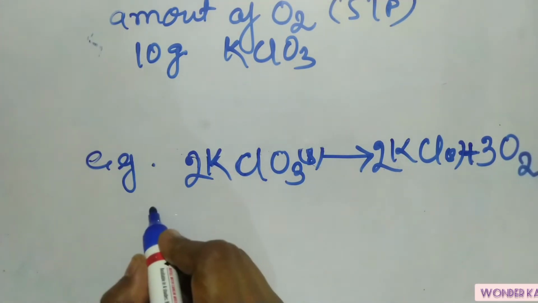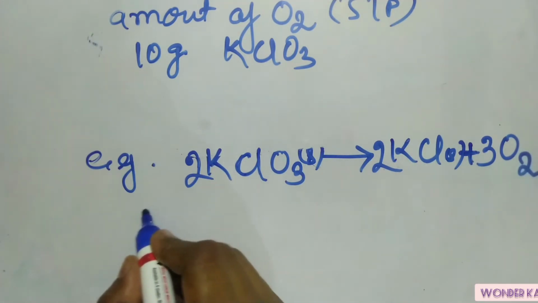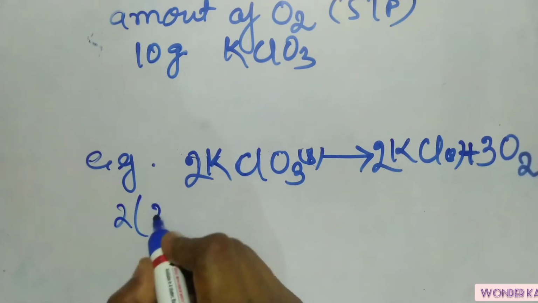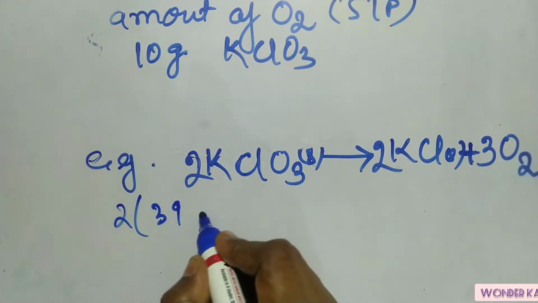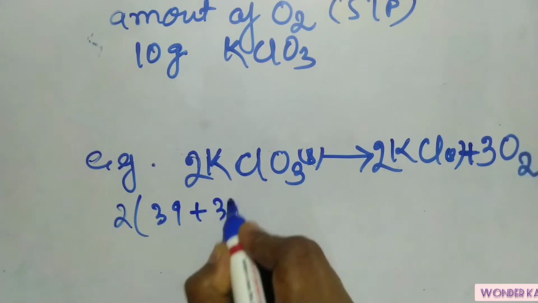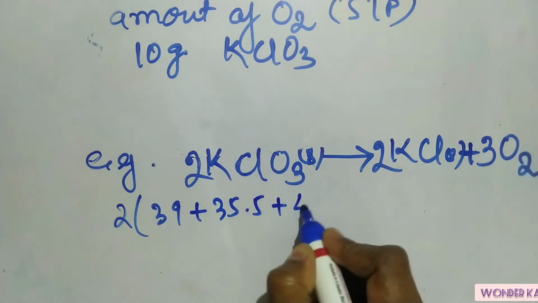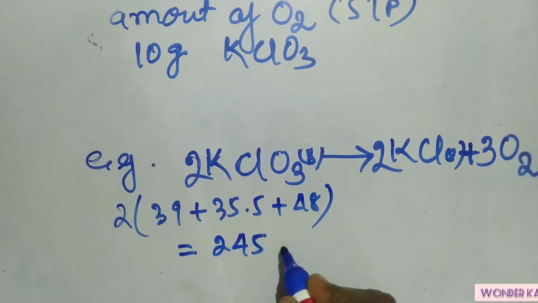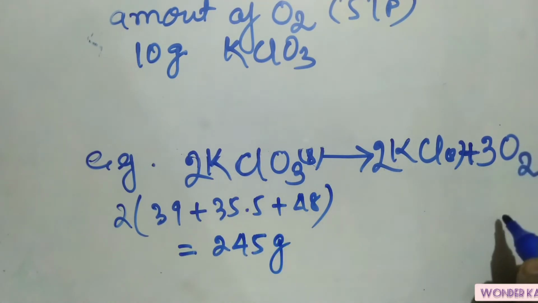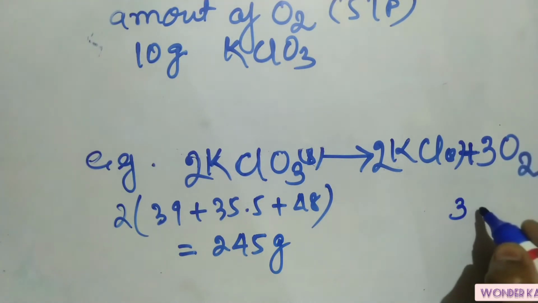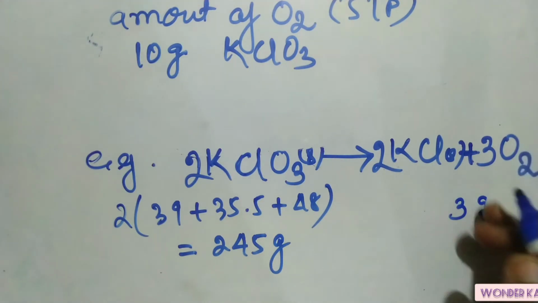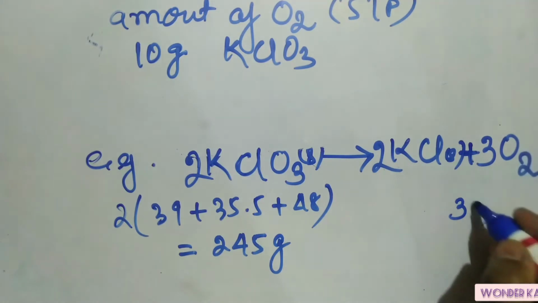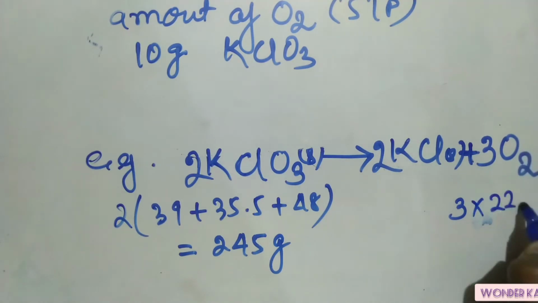So we can find out the gram molecular mass. This is potassium, atomic mass 39, plus chlorine 35.5, plus 48, which comes to 122.5 grams per mole, so 245 grams for 2 moles. Whereas for oxygen, 3 moles, for 1 mole it occupies 22.4 liters. So for 3 moles, 3 times 22.4 liters.